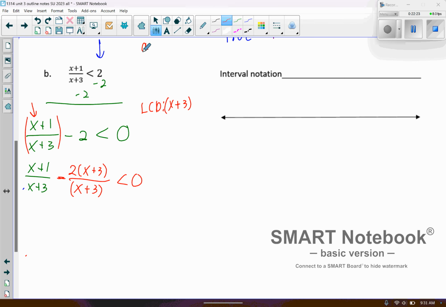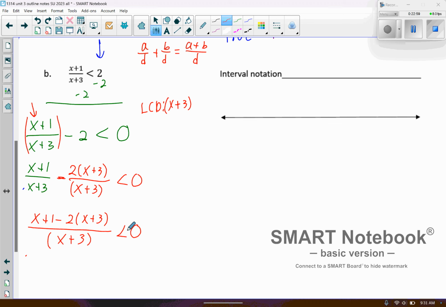Basically, if you have a over d plus b over d, or it could be minus or whatever, you have to have a common denominator, and then you bring the numerators together and do whatever that operation is, whether it's addition or subtraction, over that common denominator. So I can rewrite this as x plus 1 minus 2 times x plus 3, all over my common denominator of x plus 3.